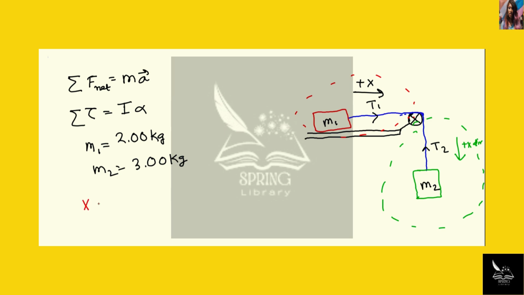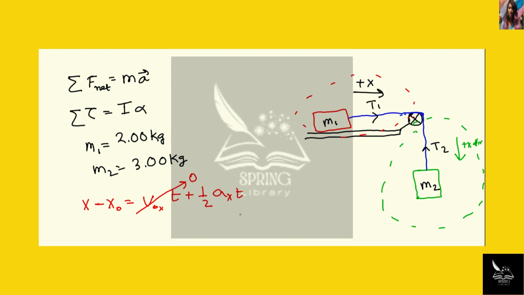We'll have x minus x naught equals v naught in x direction times t plus half of ax times t squared. And from here, we know that the system started from rest, so we can ignore this part.